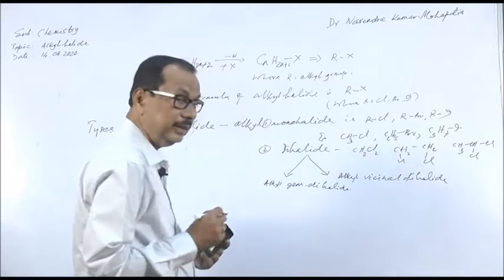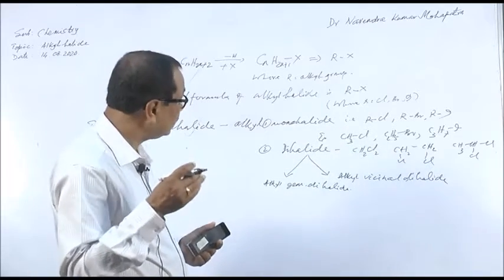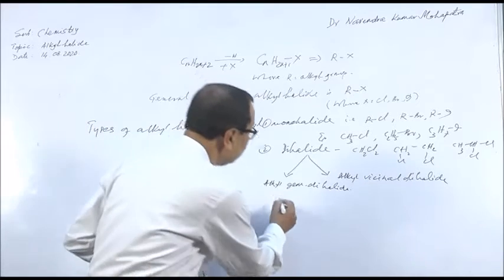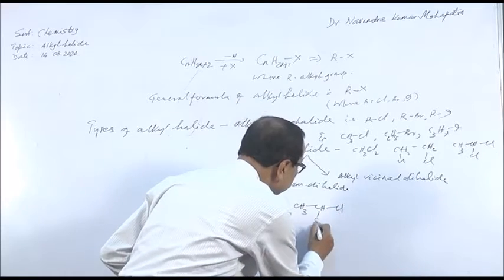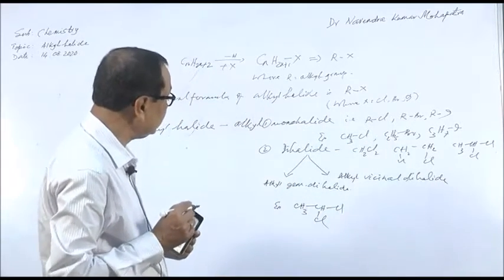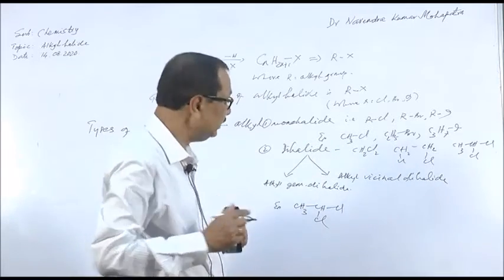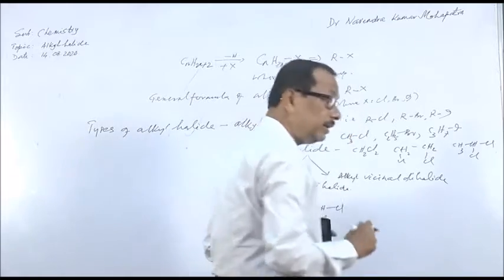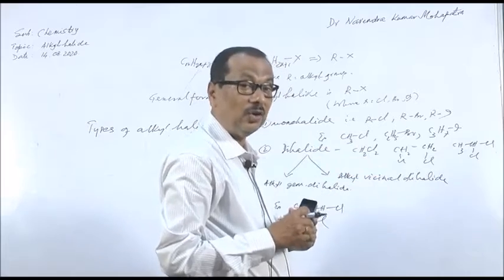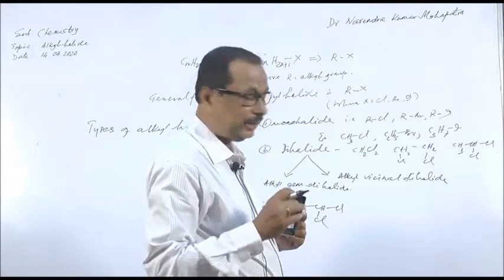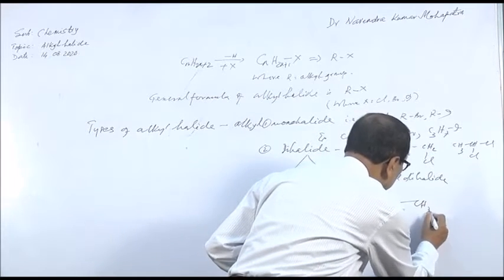Gem dihalides are compounds containing two halogen atoms on the same carbon atom. For example, CH3CHCl2. When two halogen atoms are replacing two hydrogen atoms on the same carbon atom, it is called alkyl gem dihalide. Vicinal dihalides are those where two halogen atoms are replacing two hydrogen atoms on two adjacent carbon atoms, for example CH2Cl-CH2Cl.